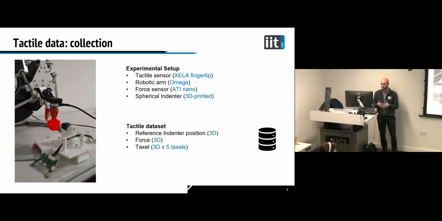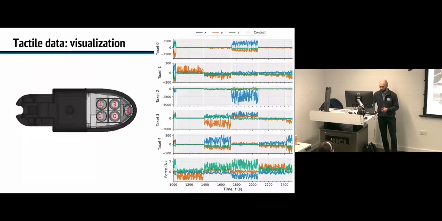And we can collect a dataset comprising reference indenter position, force, and taxels. And this is how we can visualize the taxel activations. So we have 5 taxels, each one has a time series of 3 axes, and then the contact forces.